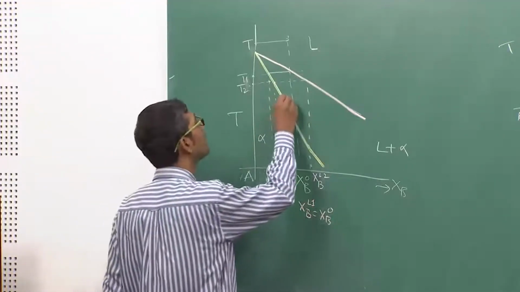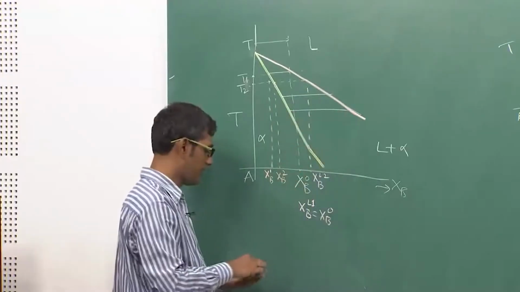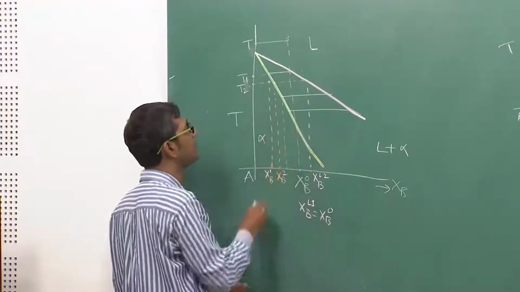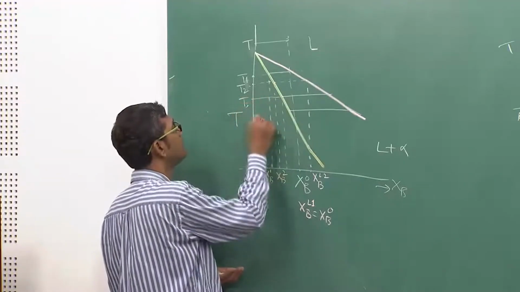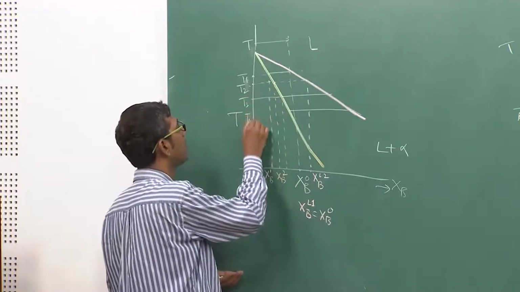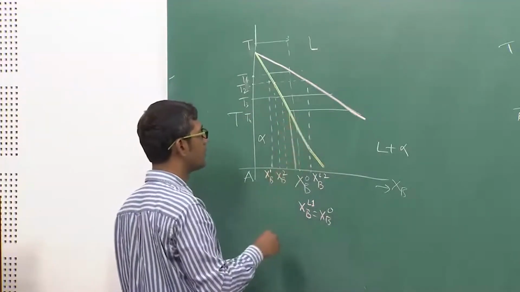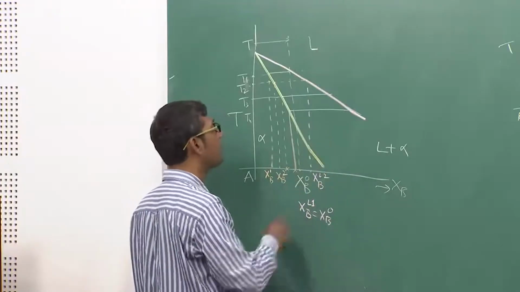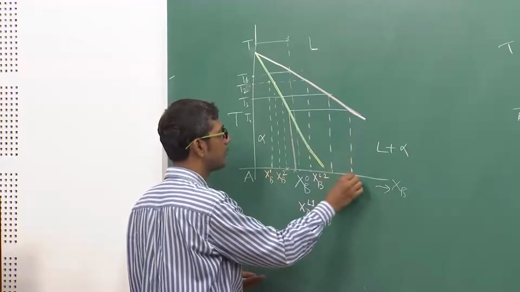As you lower the temperature further, you see here things will happen. The solid which is forming at T3, or at T4, has compositions given by these points, and the liquid in touch with the solid has a composition given by these points.